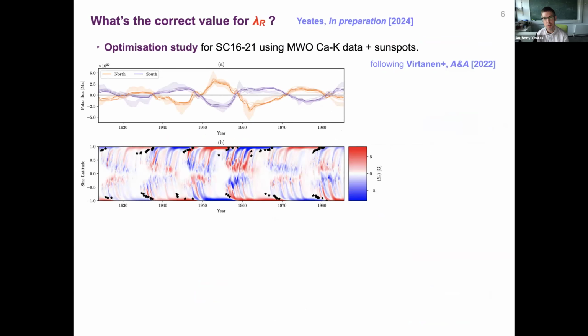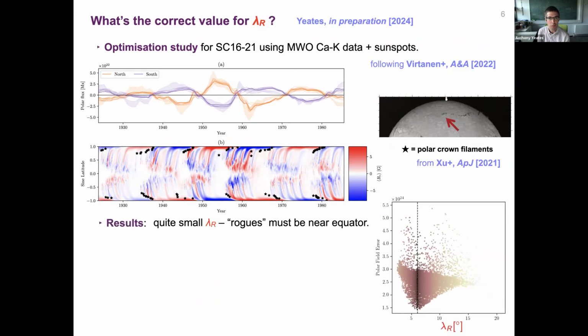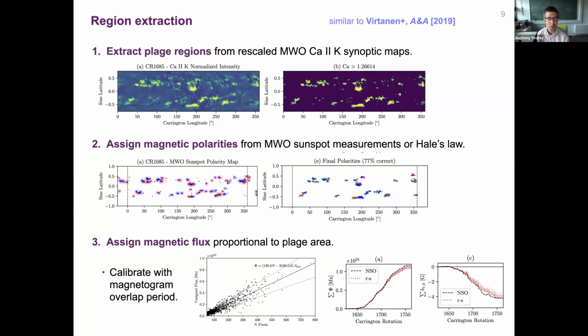So it's calibrated. Maybe I have an extra slide somewhere. I'm deriving the regions from calcium K, kind of plage regions, essentially. We only have synoptic maps, so we only see the front of the sun.